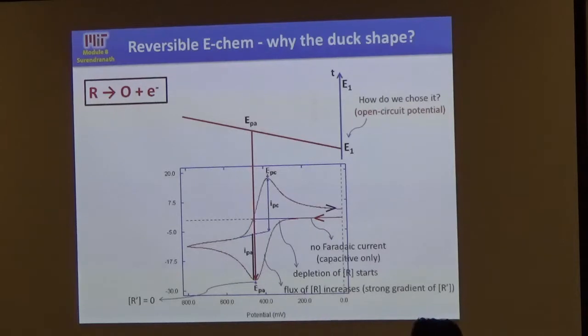That's why the current continues to decay even when I switch the potential. Because when I switch the potential back, even though I've decreased the driving force for ET, I've increased the time that I've had to deplete the molecules. You can see that here, right? After I switch the potential, I'm going back and decreasing the potential applied.